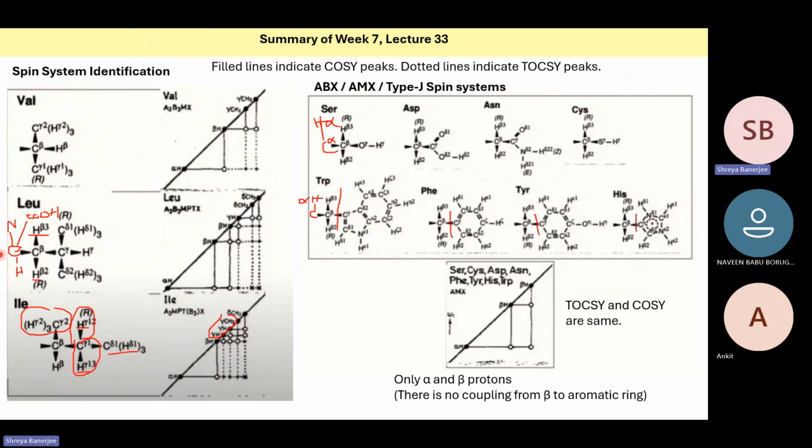And as you go down the chain, they are more upfield shifted. You have beta, gamma, then delta. So further you go away from the electron withdrawing amino and carboxyl groups, the shift becomes more upfield. These are just the aliphatic residues where you do not have any kind of polar atoms.